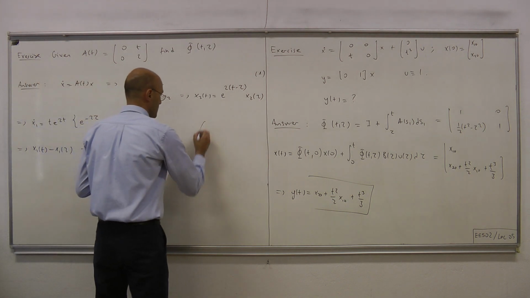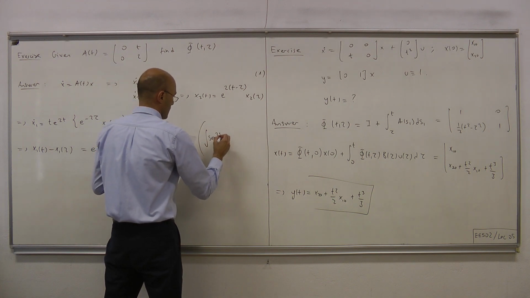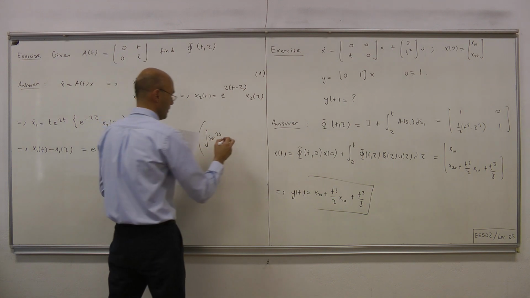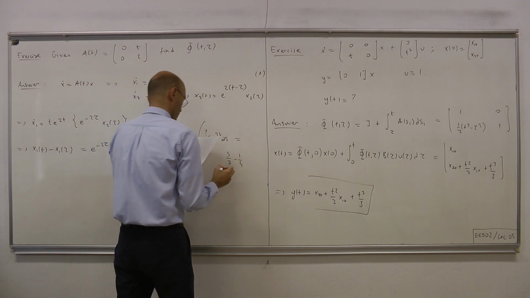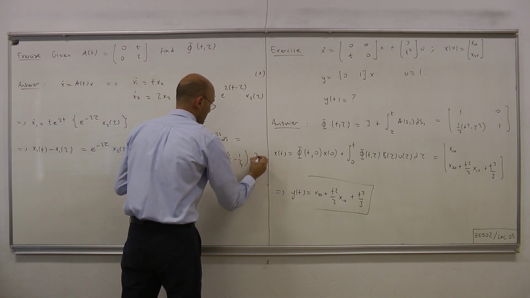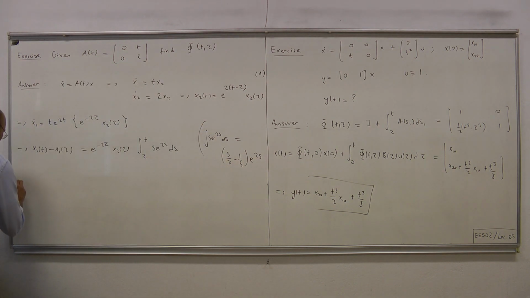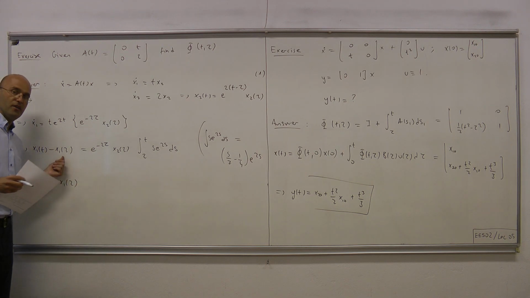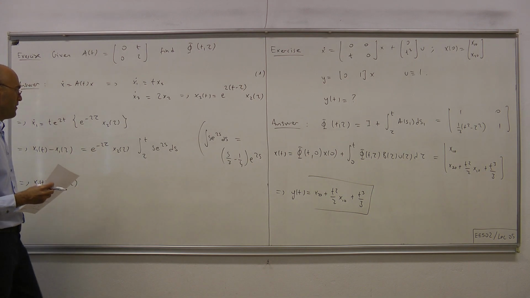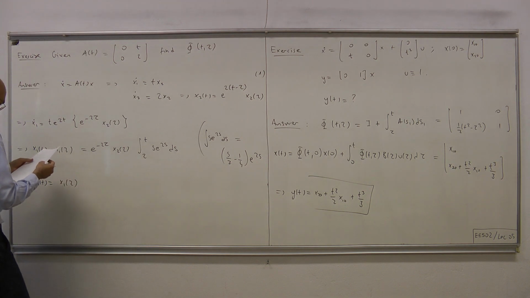And then using this definite integral formula for e to the 2s, we can write x1 of t equals x1 of tau, where this term is thrown to the other side, and then we can compute this integral easily.